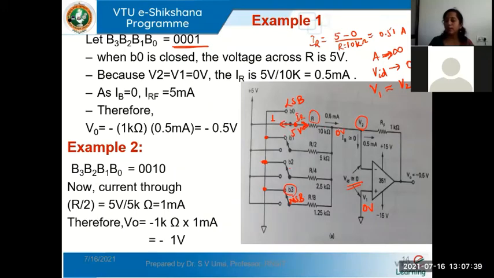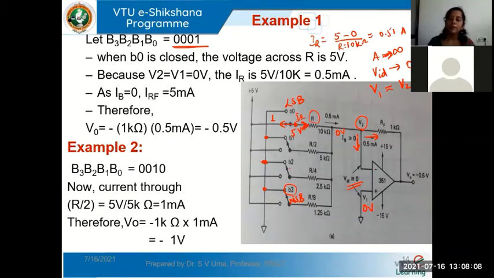Now, once the current comes here, it has two options. Either it can go into the op-amp or it can go through the feedback resistor path. What do you think will happen? Remember, what is the input resistance of an ideal op-amp? The input resistance of an ideal op-amp is infinity, or very, very huge.